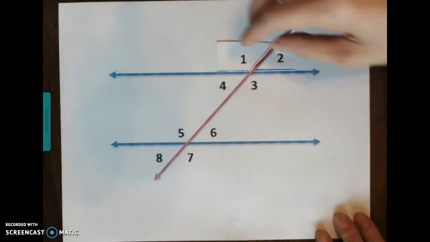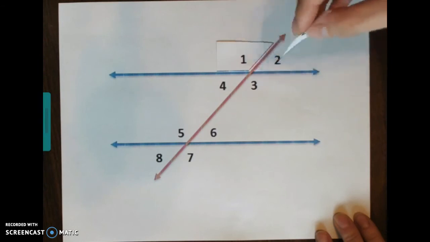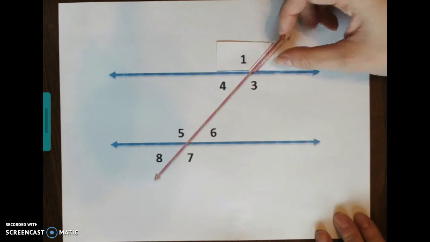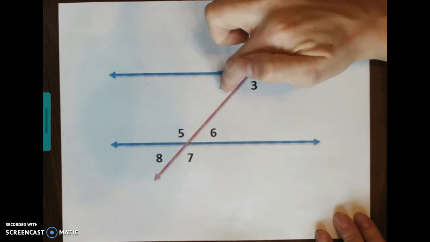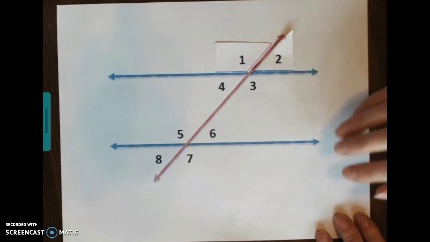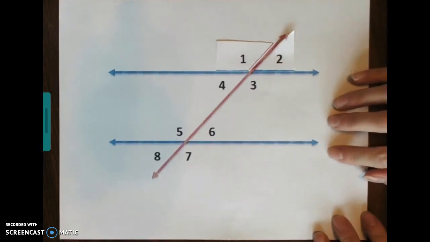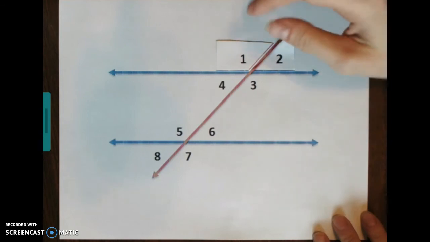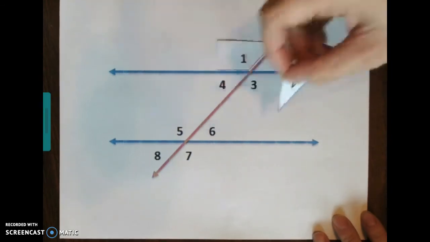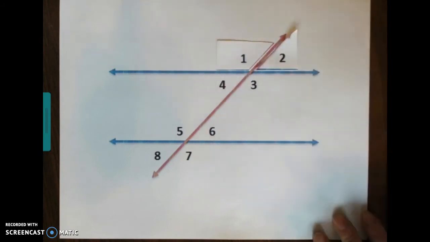So let's say it tells me the measure of angle 1 is 150, and it says find the measure of angle 4. Well, it's definitely not congruent. It's not any of our special angle pairs, and they don't even look the same, but they are supplementary. So because angle 4 and angle 2 are the exact same size, and we already know 1 and 2 are supplementary, we know 1 and 4 have to be supplementary as well.